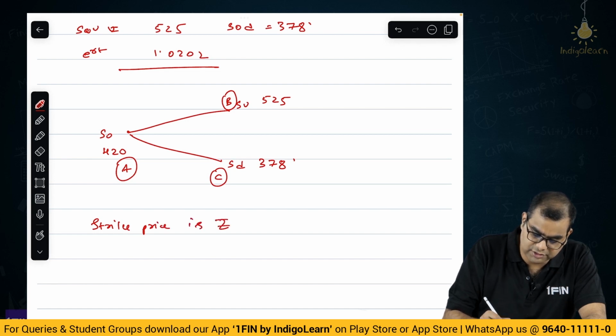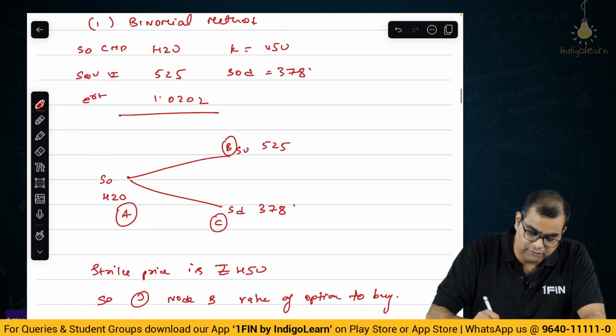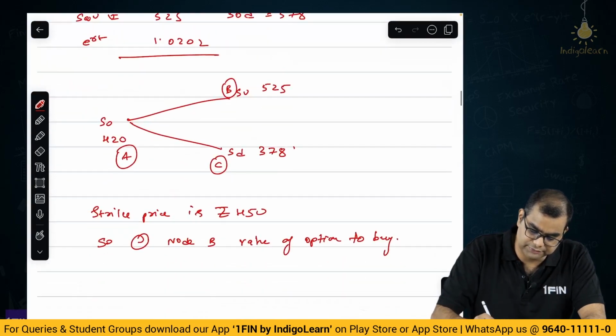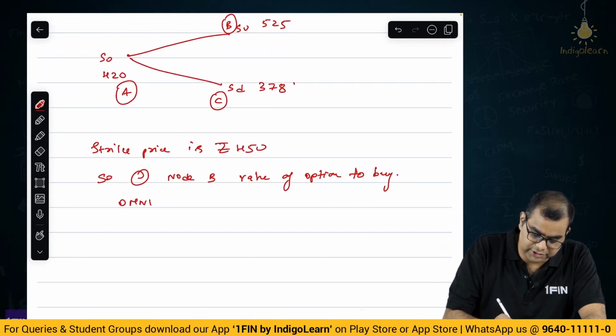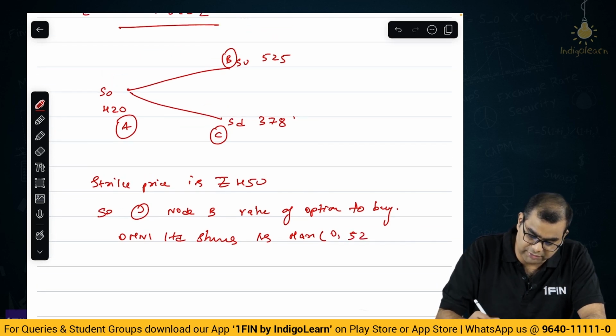So at node B, the value of option to buy Omni Limited shares is max of 0, spot minus exercise price.